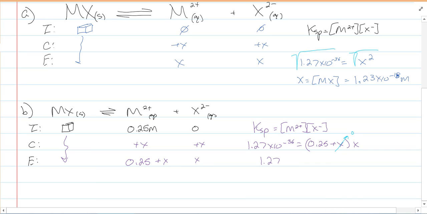So I get 1.27 times 10 to the negative 36 equals 0.25x. Solve for x. You get 5.08 times 10 to the negative 36 molar equals x. And that happens to be the concentration of MX.